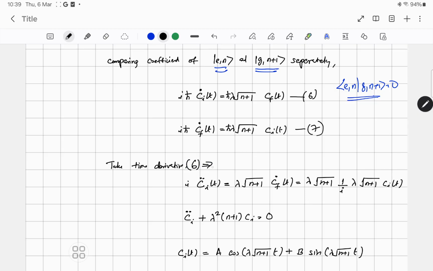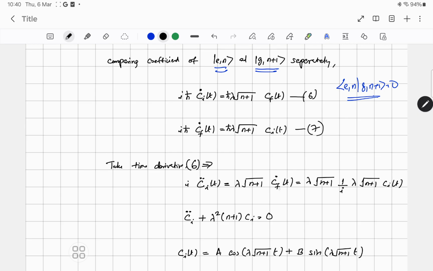If you take the time derivative of equation number 6, the left side will become iħ Ci double dot, and the right side would be ħ lambda root n plus 1 Cf dot. But Cf dot can be substituted from equation number 7. Remember iħ Cf dot is ħ lambda root n plus 1 Ci.